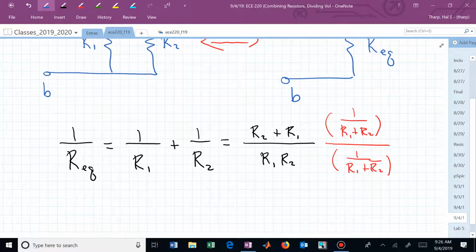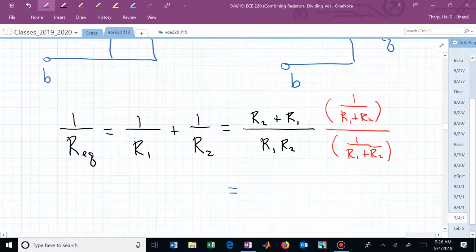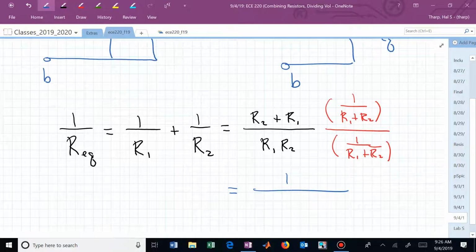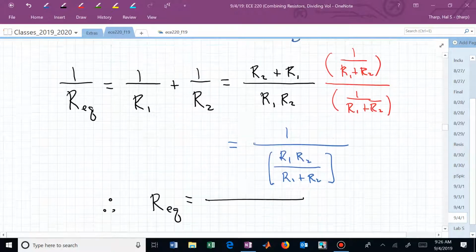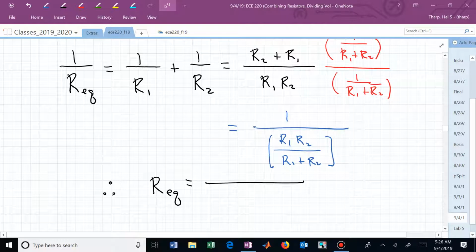Which now leaves me with 1 over R equivalent is 1. That's what I wanted to end up in the numerator. The R1 plus R2 divided by R1 plus R2 gives me 1. And downstairs I have R1 R2 over the sum R1 plus R2.